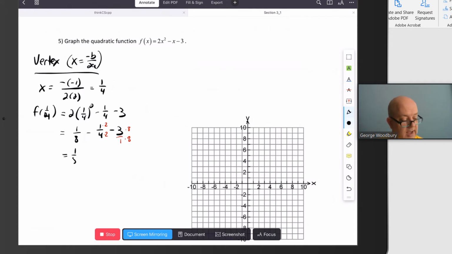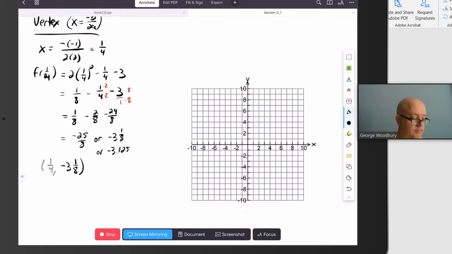So I've got 1/8 minus 2/8 minus 24/8. And this is negative 25/8, or negative 3 1/8, or negative 3.125. So just a little lower than negative 3. So for 1/4, I'm going to write the mixed number, negative 3 1/8.